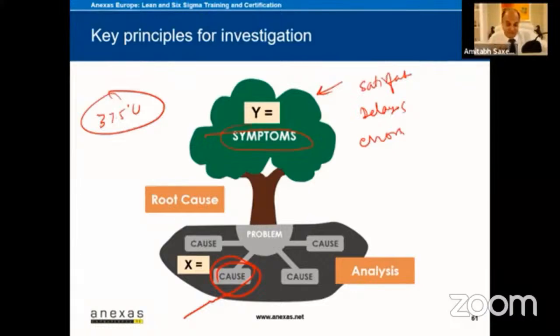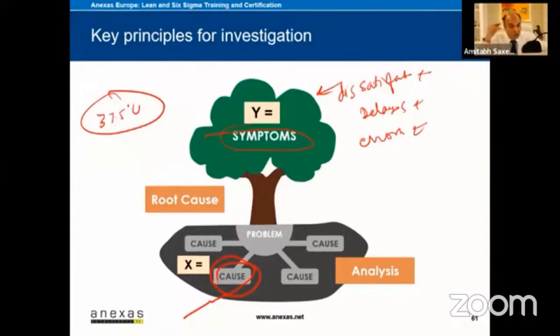But that's what we do in our organizations. We have problems: customer is dissatisfied, delays are there, errors are there, mistakes are there, infection rates are high. And we start discussing how to reduce dissatisfaction, how to reduce delay. It is like putting the process into the refrigerator.